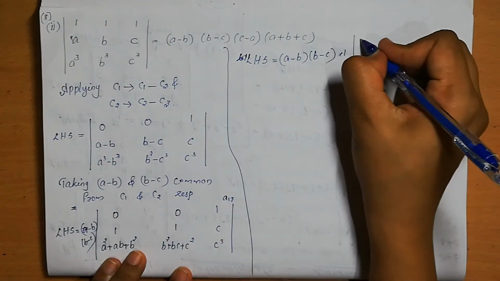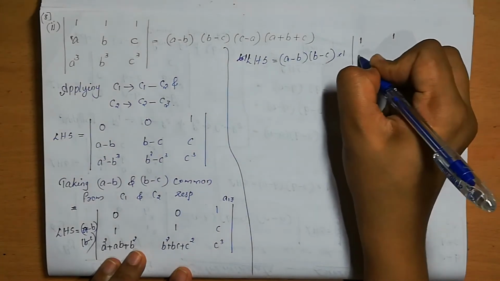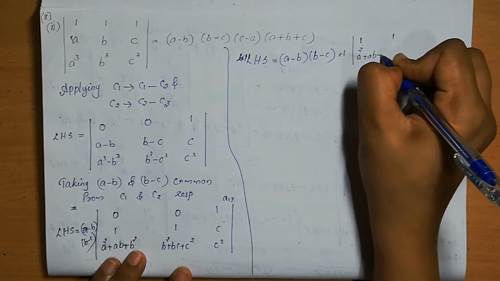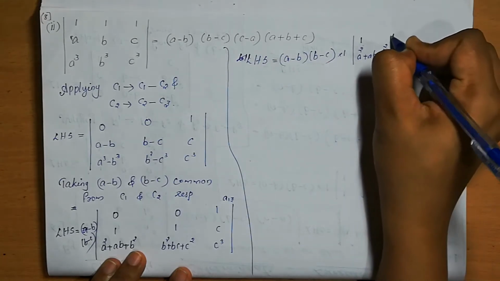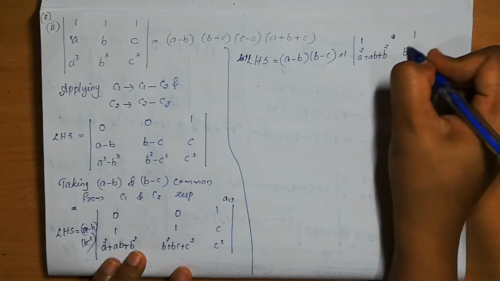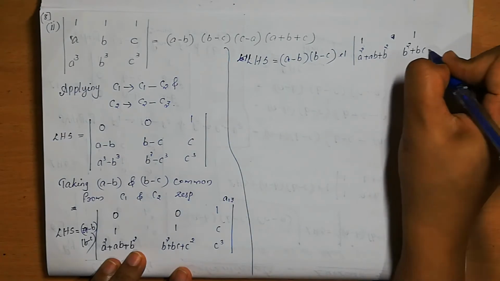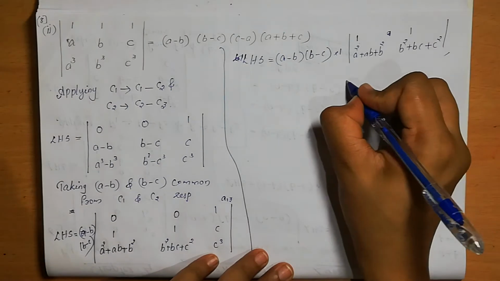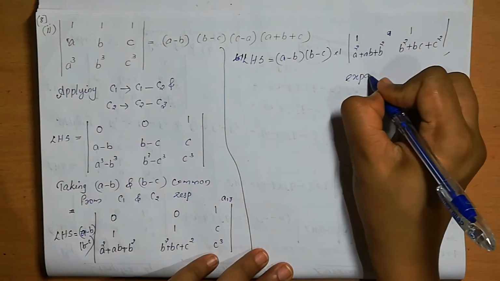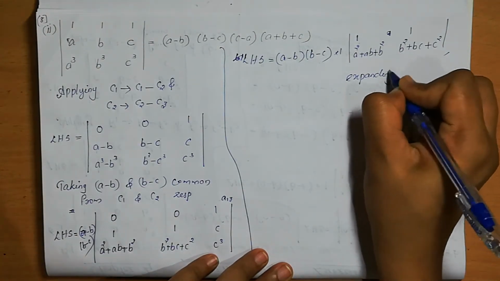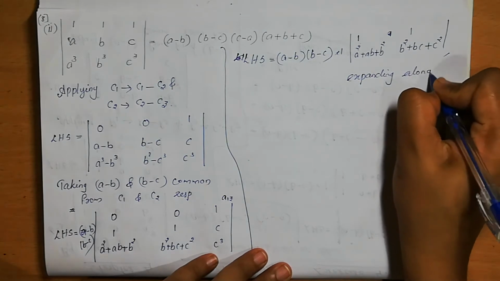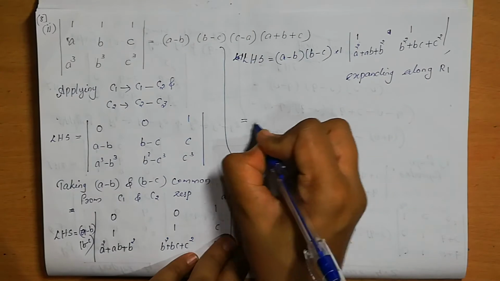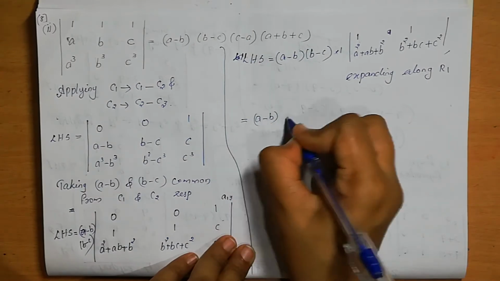What is remaining is 1, 1, a square plus ab plus b square, b square plus bc plus c square. The change we applied here is expanding along R1.